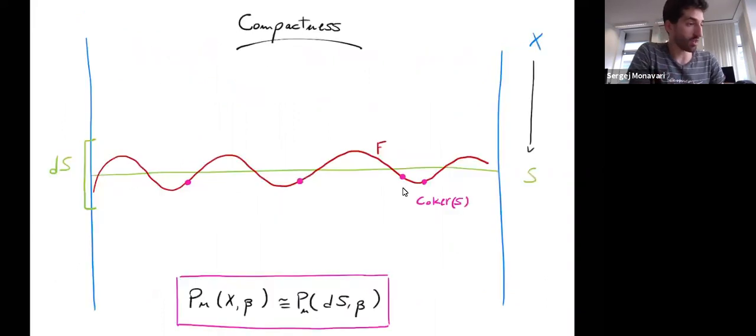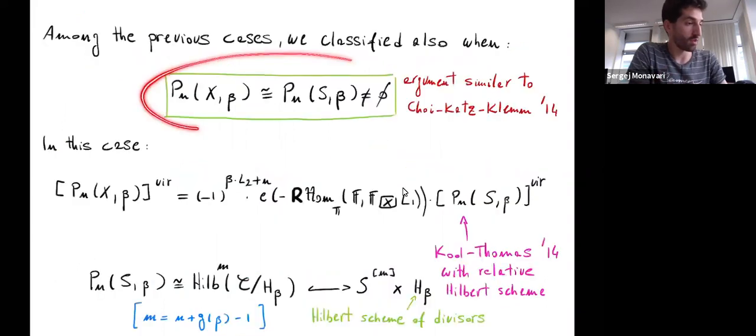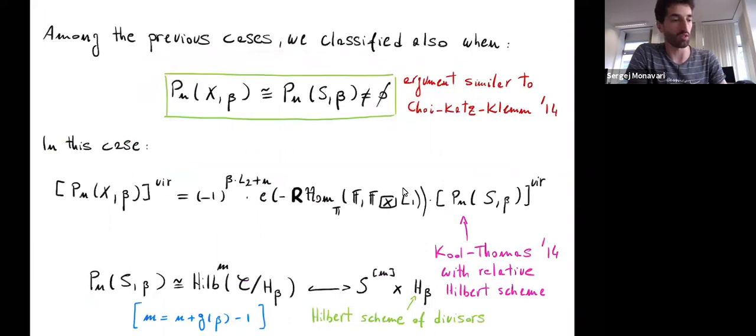Then you can follow this argument, which is independent of being toric, it's just this argument of Choi-Katz-Klemm. You just have to produce some inequalities. These would still hold. And then you have to figure out how to control this Hilbert scheme of divisors in the surfaces that you get.